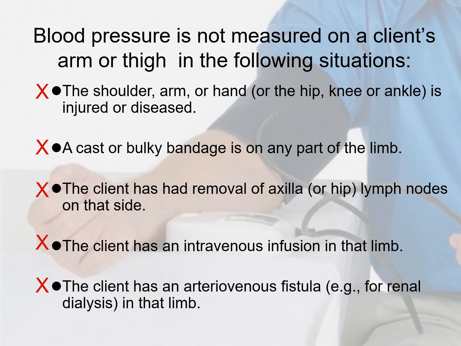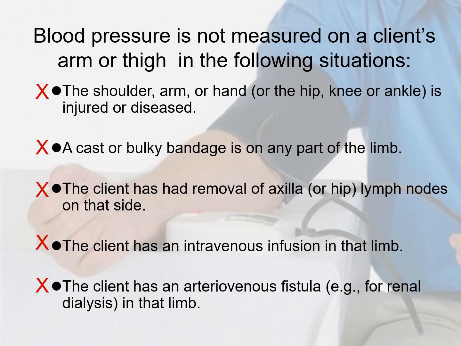Blood pressure is not measured on the client's arm or thigh in the following situations. The shoulder, arm, or hand, or the hip, knee, or ankle is injured or diseased. A cast or bulky bandage is on any part of the limb. The client has had a removal of axilla lymph nodes on that side. We don't want to get the blood pressure on that side because it can lead to secondary lymphedema in the extremities.